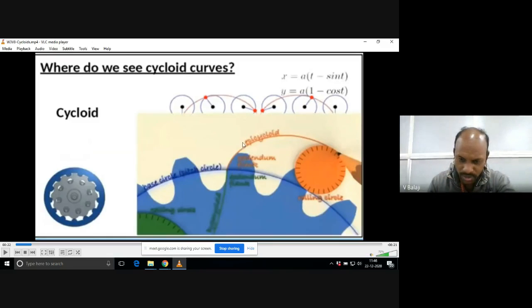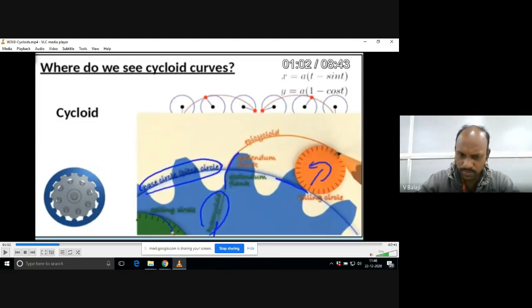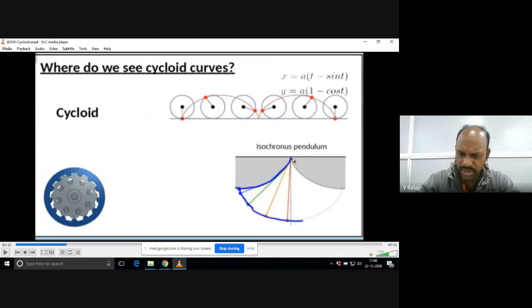If you zoom in and see the profile carefully, you will find a cycloidal curved shape. So here this is called a cycloid. Similarly, we will find an epicycloid and hypocycloid also. Those things I will explain a little later.